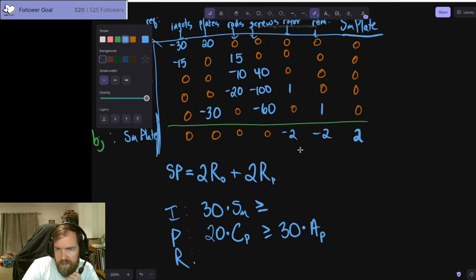Okay. Things that make... Those are smelters. They'll do 30 per minute.